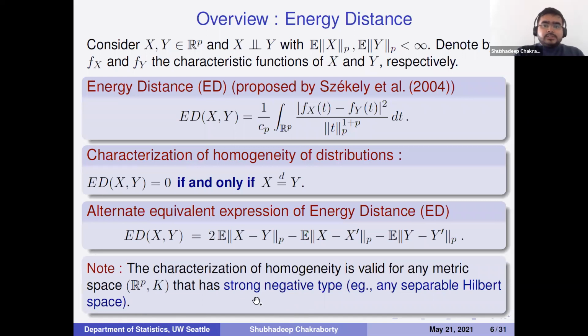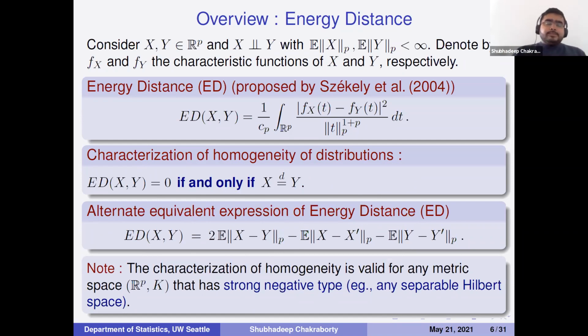If this metric space has strong negative type, then the answer is yes. I will not go into the definition of strong negative type, just to make the talk not very technical, but for illustration, I would like to state that any separable Hilbert space has strong negative type. So in particular, Euclidean space with L2 distance is a separable Hilbert space. So the characterization of homogeneity of distributions when we use Euclidean distances is just a special case.